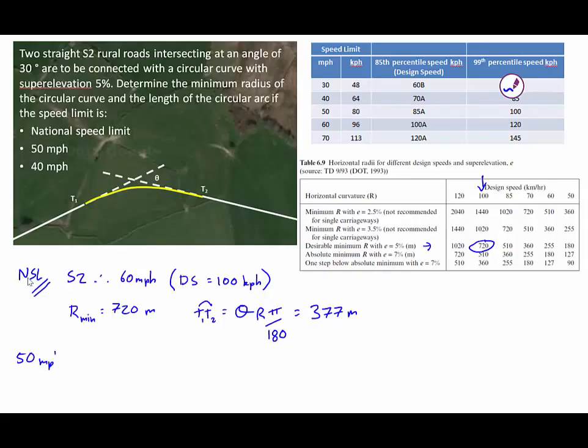For 50 miles per hour, design speed is 85 kilometres per hour. Therefore, R min is 510.